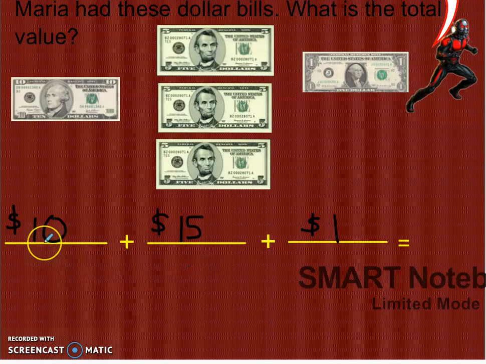So I have to add $10 plus $15 plus $1. So remember, I told you I like to break my numbers up when I'm adding because it's just a little bit easier for me. So first I'm going to add $10 plus $15.